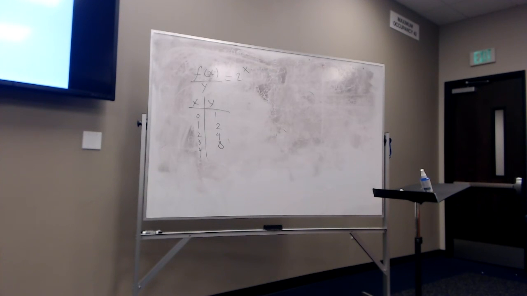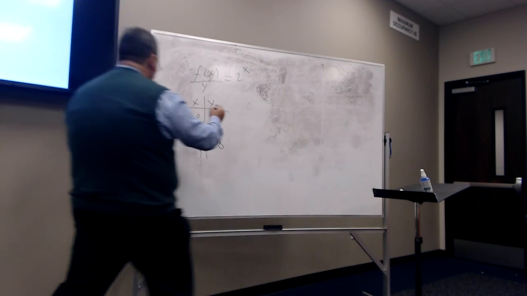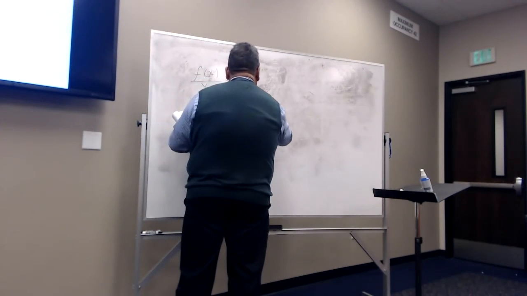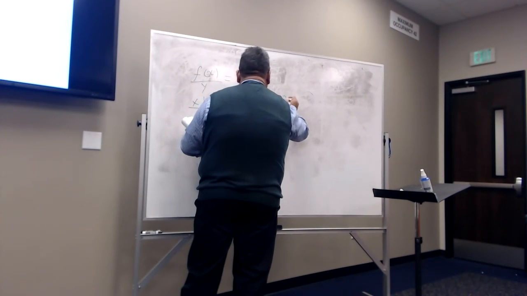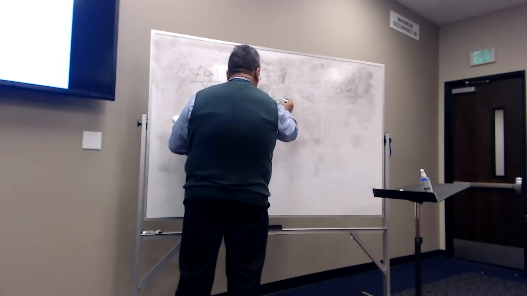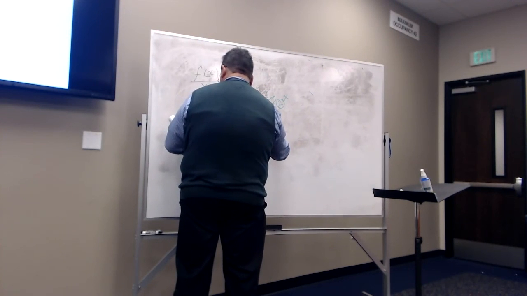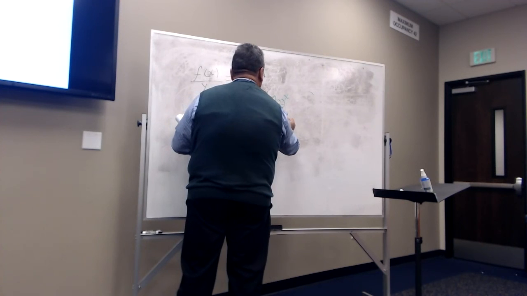You following me? And you just give -1, 0, 1, because, again, remember, y = log base 2 of x is the same as 2 to the power of y is equal to x.